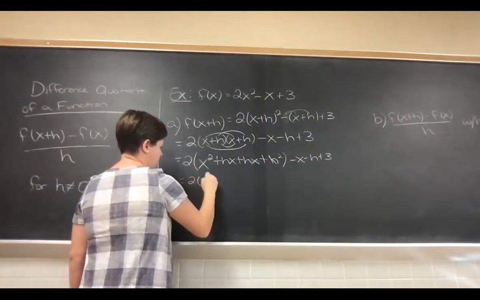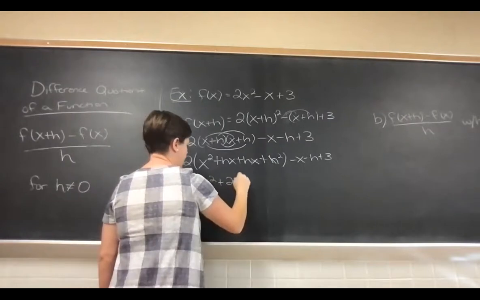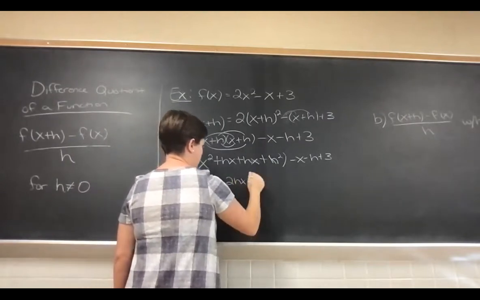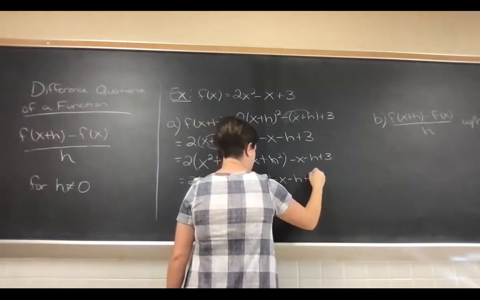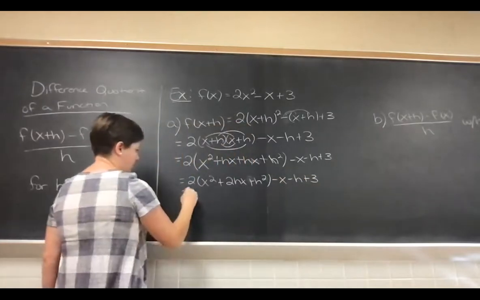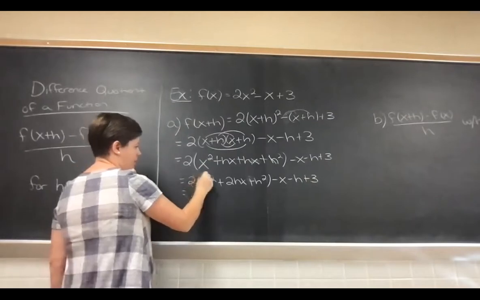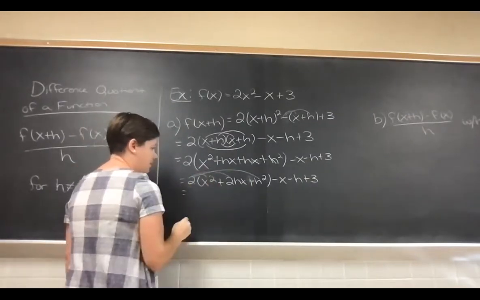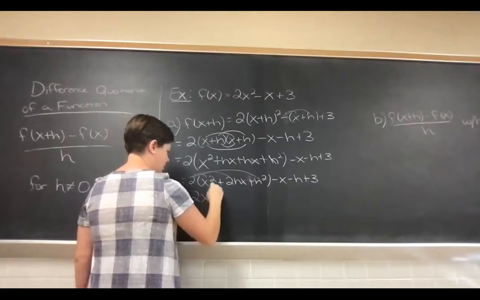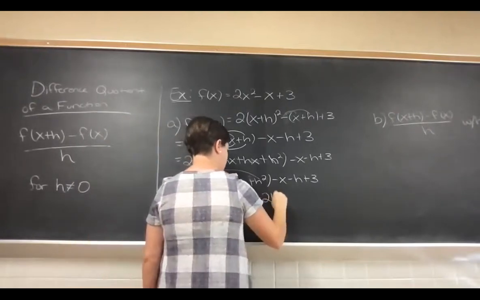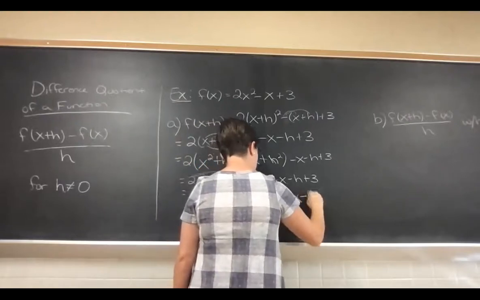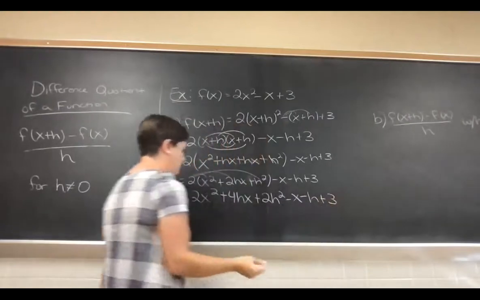So I have 2 times x squared plus 2hx plus h squared, minus x minus h plus 3. Distribute my 2 into everything inside the parentheses. So I have 2x squared plus 4hx plus 2h squared minus x minus h plus 3.